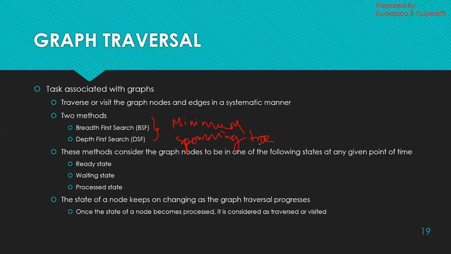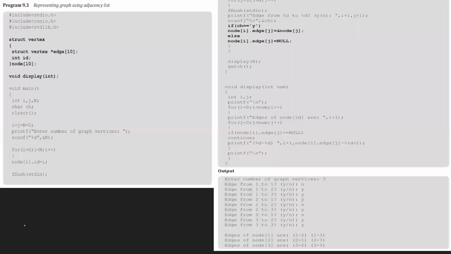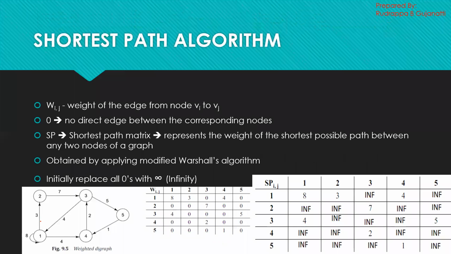If you use BFS, it is called the breadth first search minimum spanning tree. If DFS is used, it is called the depth first search minimum spanning tree. Now, what is the purpose of the spanning tree? If I look at the previous graph, in this graph your main motto is to eliminate the loops.